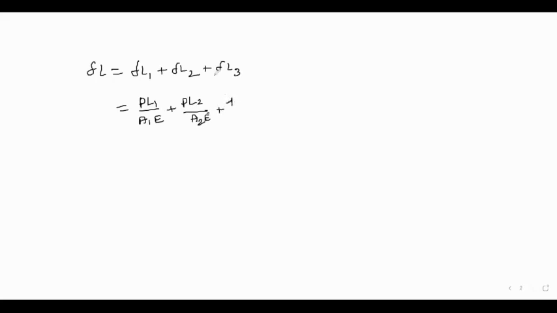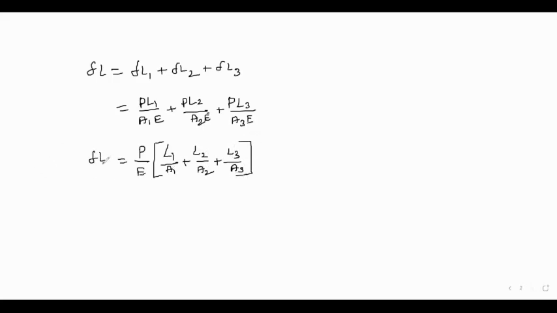plus P L3 divided by A3 E. So now I can take P by E commonly outside, and the remaining will be L1 by A1 plus L2 by A2 plus L3 by A3.